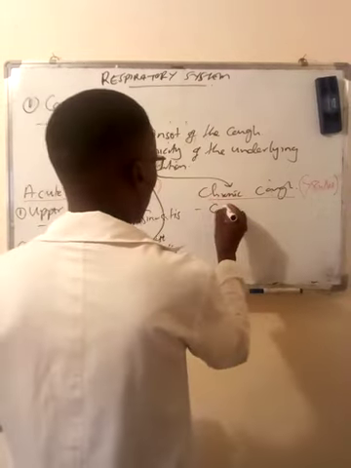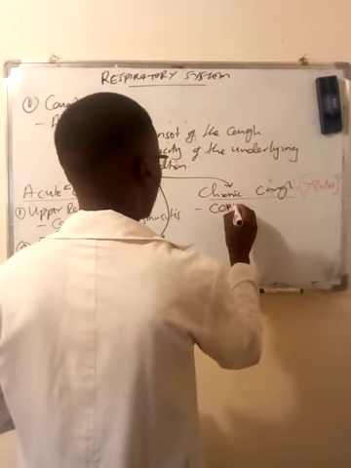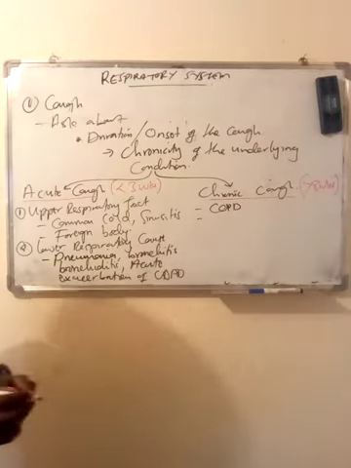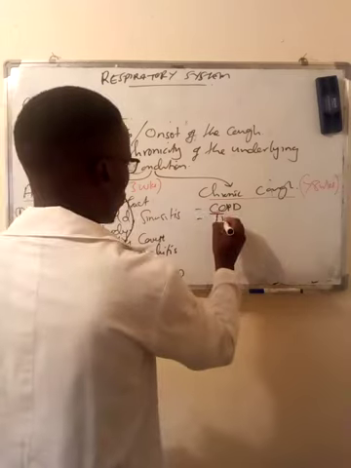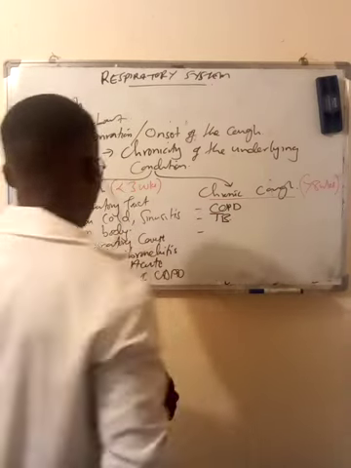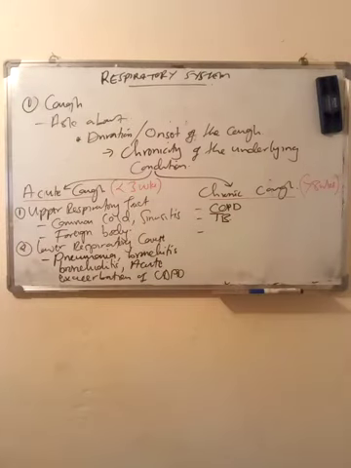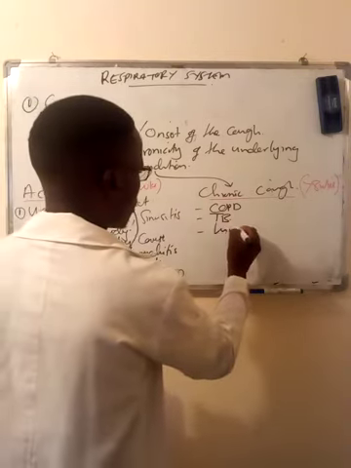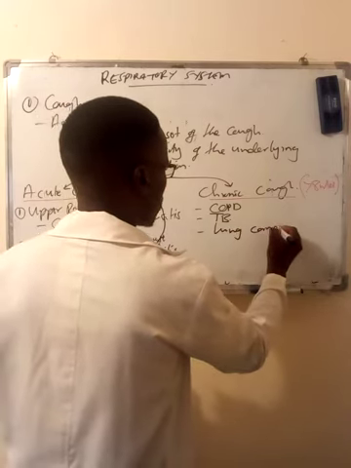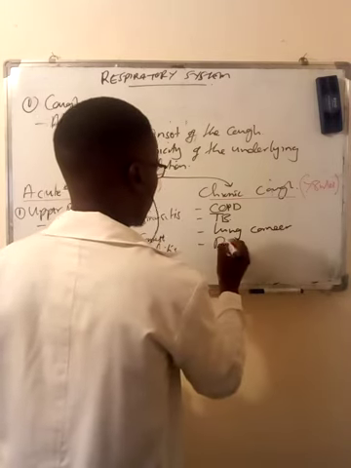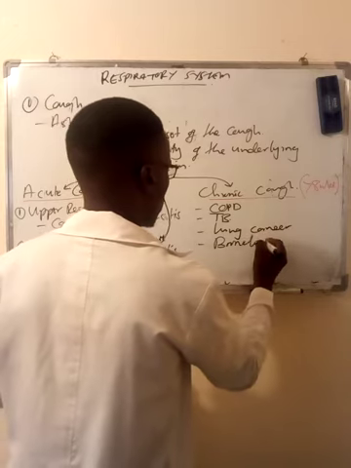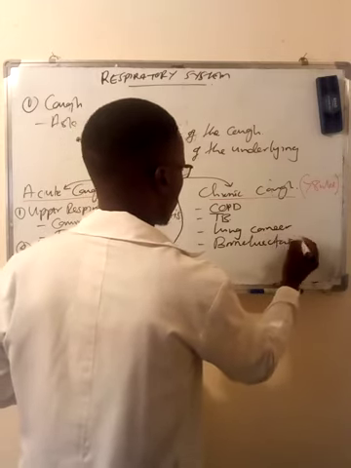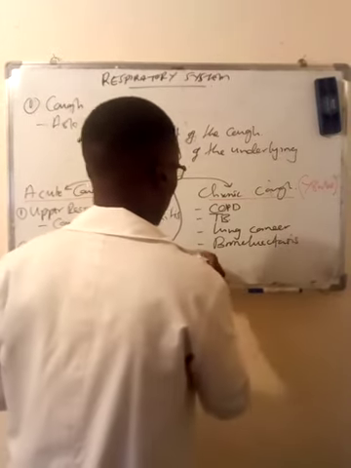Even things like interstitial lung disease, and also drugs. The commonest example that we have is the angiotensin converting enzyme inhibitors. They cause cough, which may be chronic.